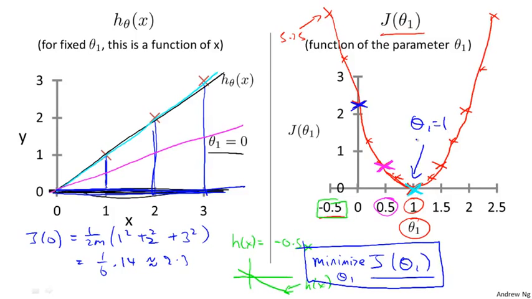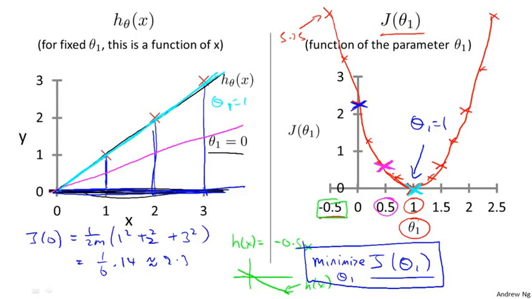And lo and behold, that is indeed the best possible straight line fit through our data. By setting theta 1 equals 1, and just for this particular training set, we actually end up fitting it perfectly. And that's why minimizing J of theta 1 corresponds to finding a straight line that fits the data well.